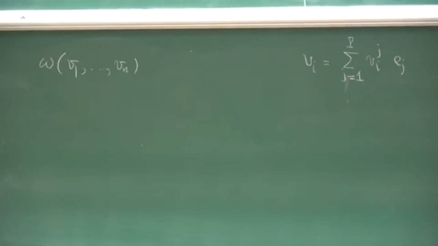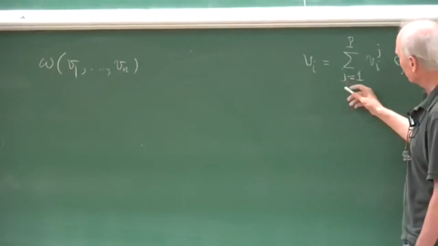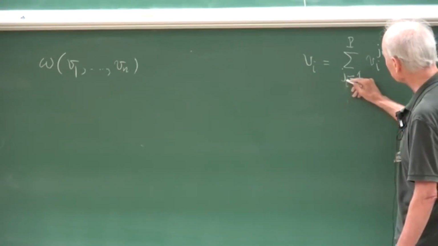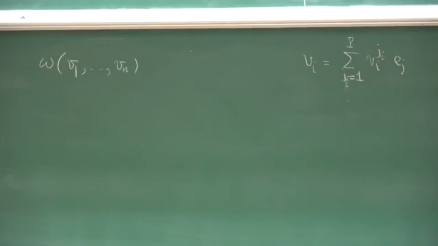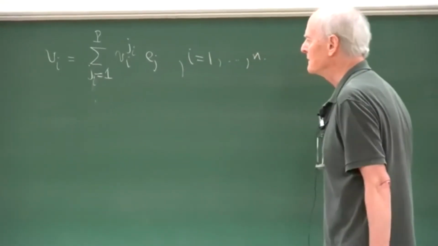Now we're going to run into trouble notationally, so we'd better call this dummy variable j sub i, to emphasize that it's a different name for each i, for i equals 1 up to n.